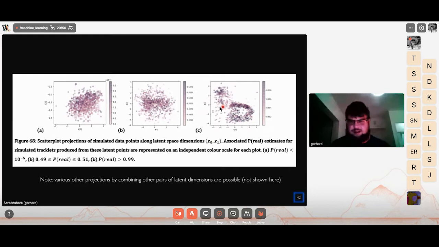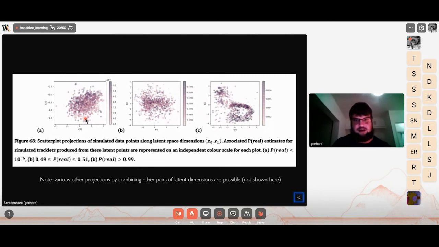And then I plotted these 2 latent dimensions and tried to find areas of the latent space which resulted in highly realistic images being generated. So you've got this little manifold over here where I found highly likely data being produced. And then these images were simulated from these areas, and they resulted in around 50-50 of being real. And then there was also another space which resulted in highly unlikely data points.